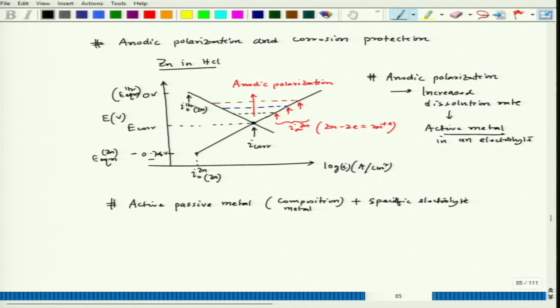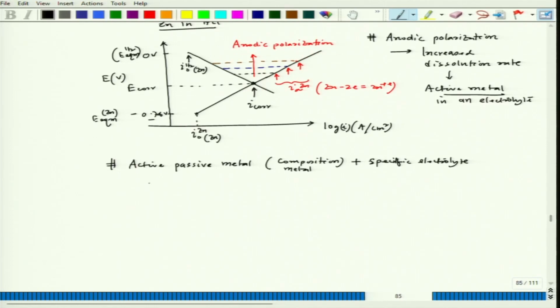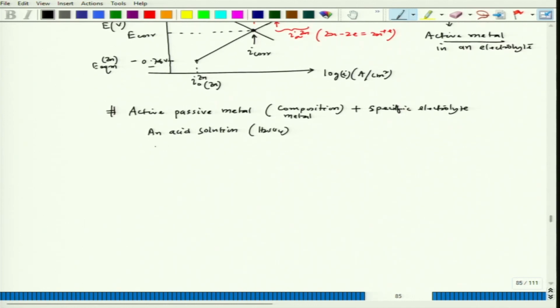Let us say in an acid solution, H2SO4, steel shows active-passive behavior. Then I can have this very nature.